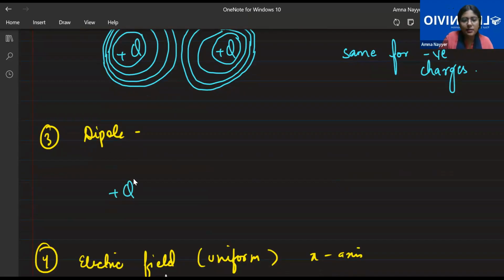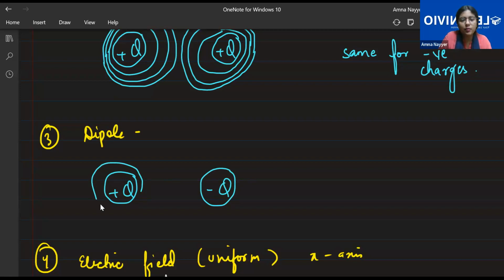So if you have, let's say, plus Q and minus Q, to show the attractive nature, here the lines will be closely packed and here there will be a gap, like this.